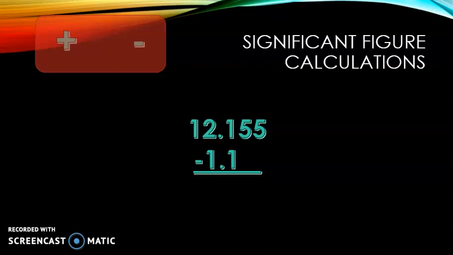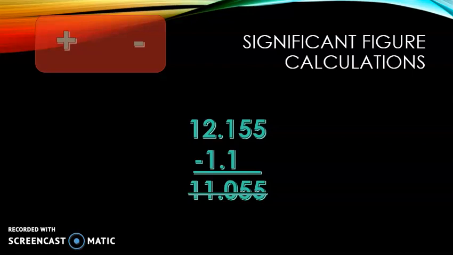We don't want our answer to be any more precise than our worst measurement. So even though in the calculator you might come up with the final answer of 11.055, we cannot report all of that information. It's just not conveying that perfect level of accuracy, that perfect level of precision that you really want. So that's no good.